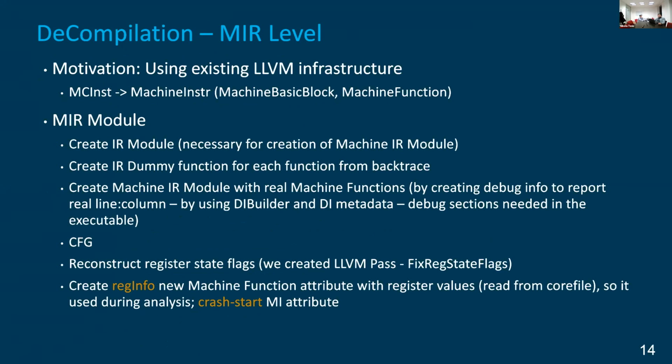In order to use the existing LLVM ecosystem, including all the program analysis and optimizations, we needed to pick either the LLVM IR or LLVM machine IR code abstraction. Doing it on pure assembly isn't very convenient using LLVM. So we decided to use LLVM machine IR.